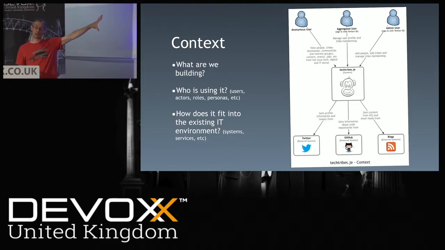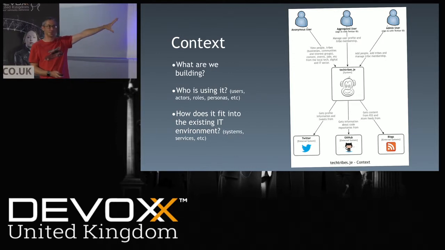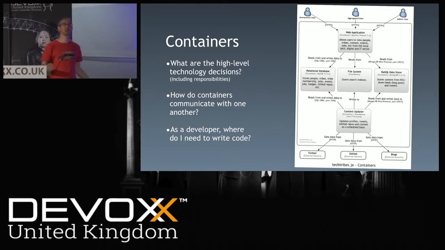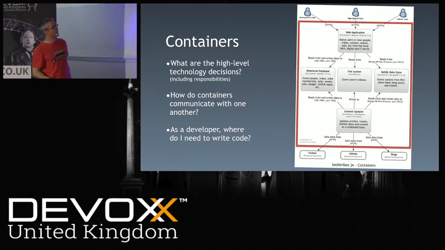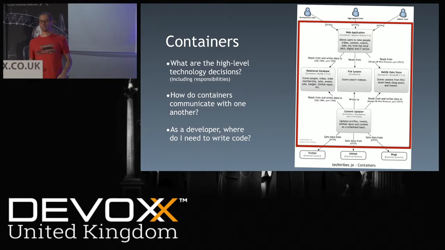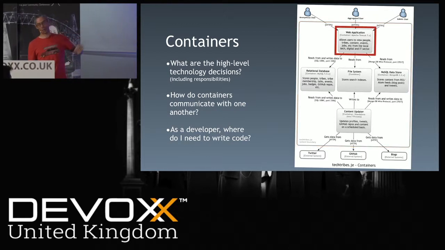If this was a Google Maps interface and we did the pinch to zoom movement on the monkey's head, we open up the monkey. This is the containers diagram for my tech tribe system. People at the top, systems at the bottom, everything inside that red box is mine. There's a web app at the top, Apache Tomcat, that's the key point of access for all the users.